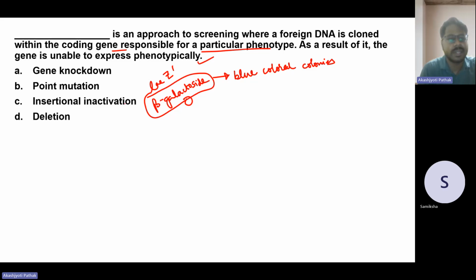That is called insertional inactivation. Insertion of something is resulting in inactivation of the product, or that product is not being formed. So insertion of the gene is resulting in inactivation of the activity of the enzyme. That is why this is the term.